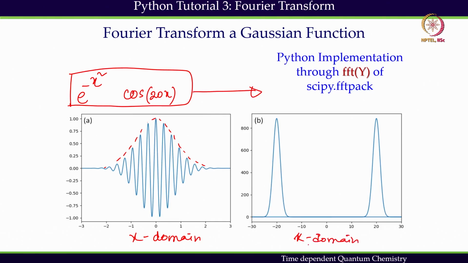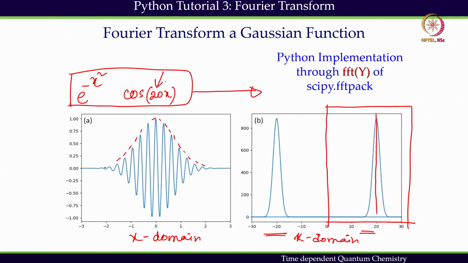On the k domain, we see that there is always a negative and positive part, because the nature of the Fourier transform makes that. But for practical purposes, we can just take the positive part of the Fourier transform spectrum. We see that it is centered at 20.